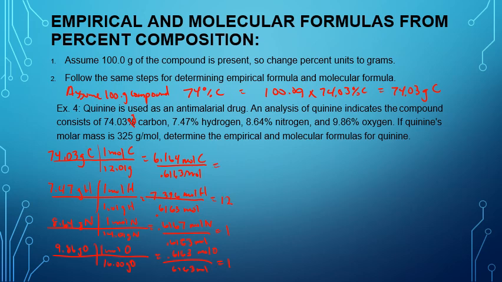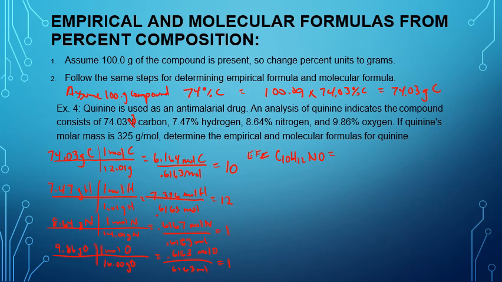And then the carbon, 6.164 divided by 0.6163, is going to equal 10. So my empirical formula will simply be C10H12NO.